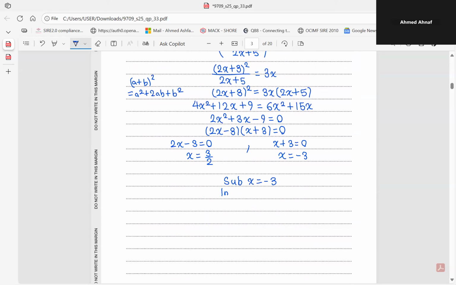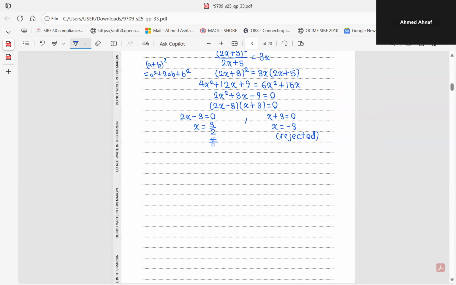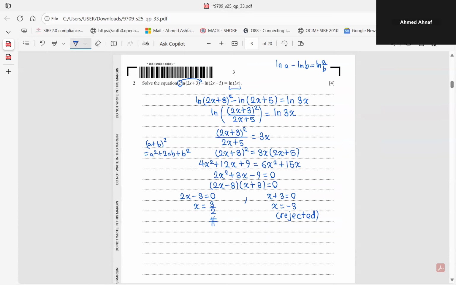And clearly, this gives us ln of 3 times negative 3, which is ln negative 9, which is definitely not possible because ln x is only applicable where x is more than 0. So hence, this would be rejected. And by the way, you don't have to show your verification. You can just do it on your calculator or mentally. So we only have one answer, x equals 3 over 2 as our final answer. Okay, let's head on to the next question.